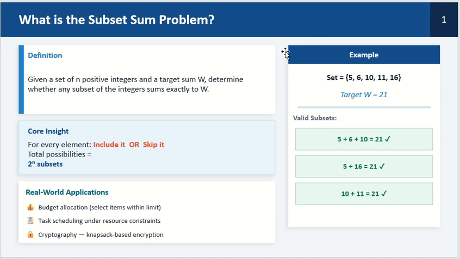So this is a given set of numbers and a target value, and we find which all are the subsets that add up to the target.